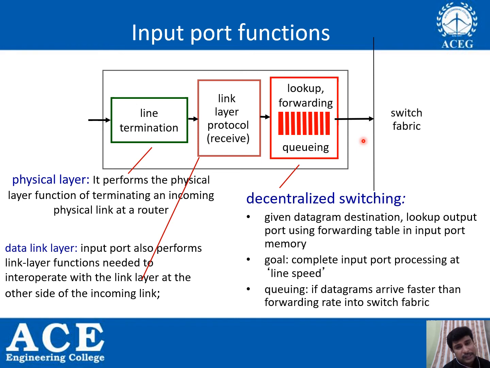It performs the physical layer functions, and link layer protocol functions will be delivered by the second block, so that we have interoperability with the other side of the link. And the third block, decentralized switching, tries to identify the destination IP address or the virtual circuit identifier, and it tries to measure the line speed, and in case it is greater than the switching fabric speed, it will implement a queuing mechanism.